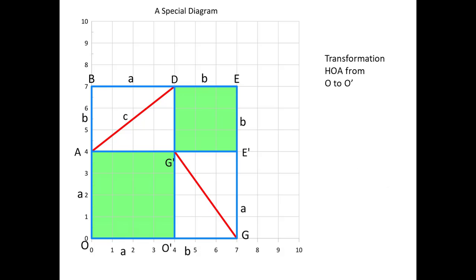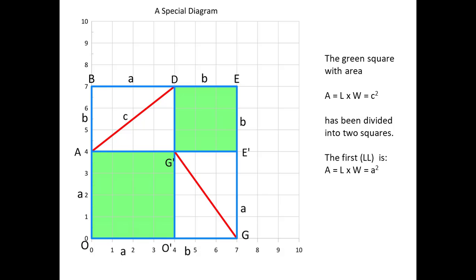So now we've broken up the previously green area that was c squared into two separate square areas. The area of the original green, length times width, was c squared. It's been divided into two squares. The first one, the lower left green square, has area length times width equal to a squared, with two sides of a. The second square has area length times width, so that's b times b, which is b squared.